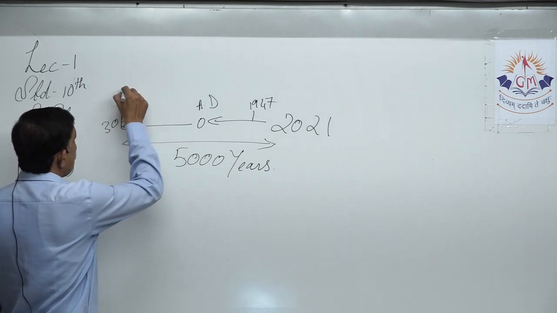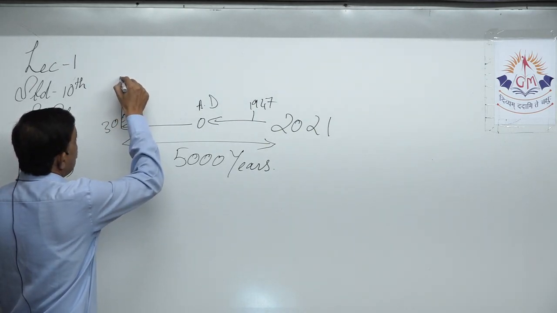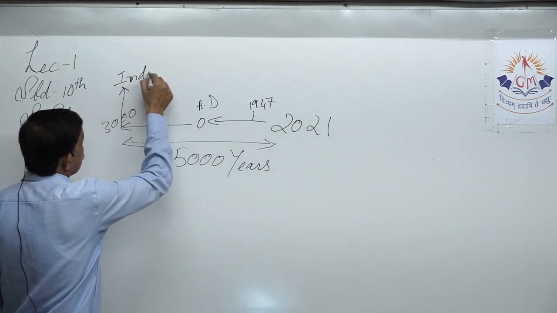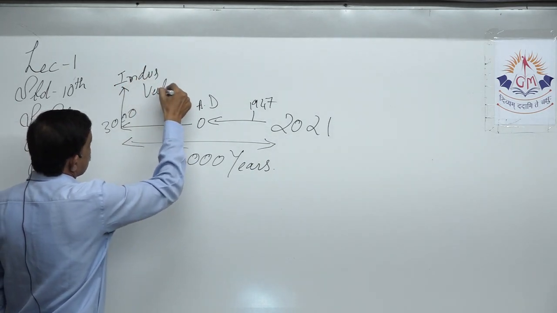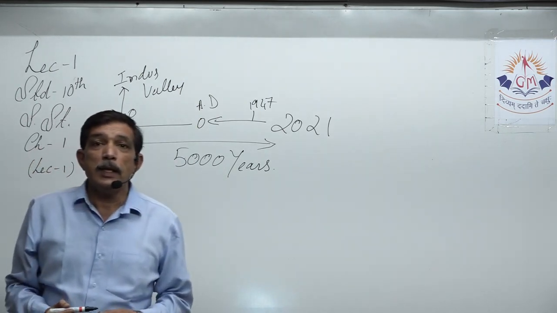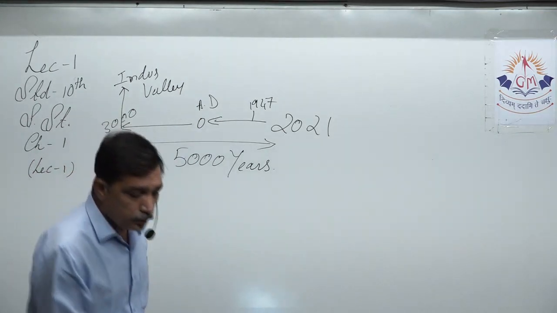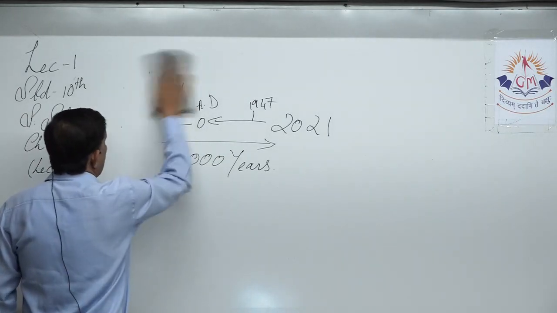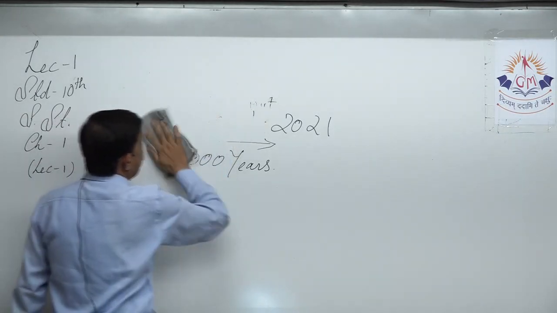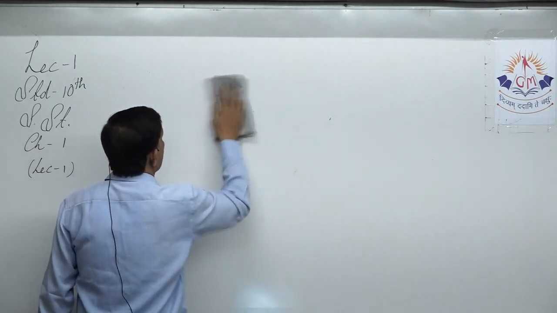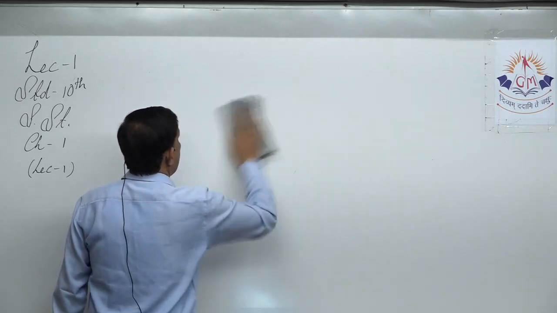This is the mark where we have Indus Valley civilization. So we keep Indus Valley civilization as a mark on the timeline, right?